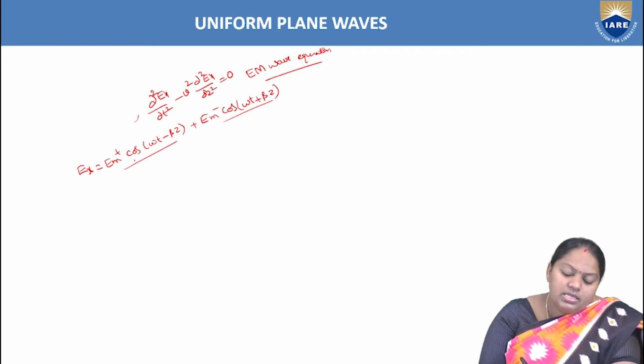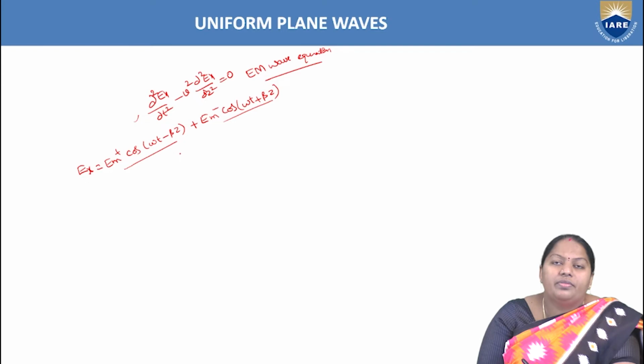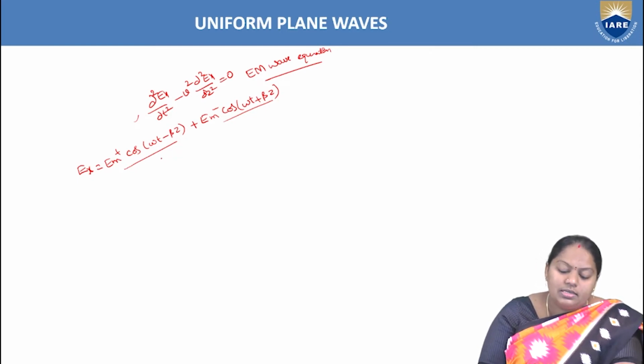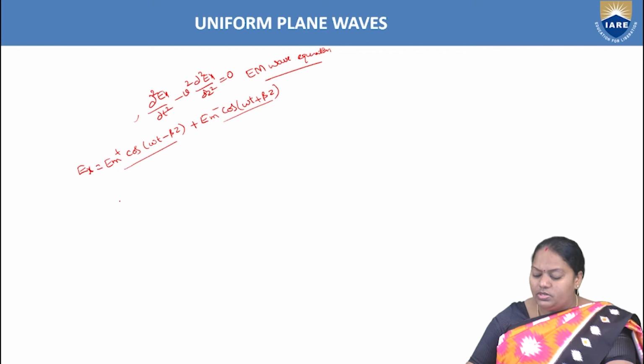Em plus and Em minus are the magnitudes of the forward and backward traveling wave components, where omega is the angular frequency of the wave, t is the independent variable, beta is the phase constant, and z is the wave propagation direction. Right? So this is the equation which we have got.